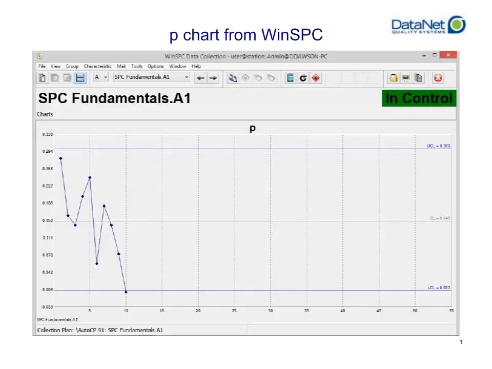And in this slide, you can see how WinSPC would display this data if you were to have entered this data directly into the software. The advantage is that you didn't have to calculate any of the limits yourself. All that was done programmatically. The software did that for you.